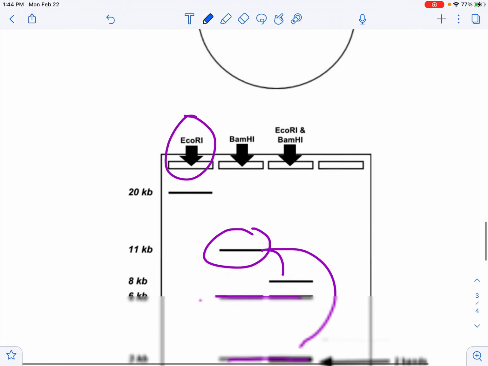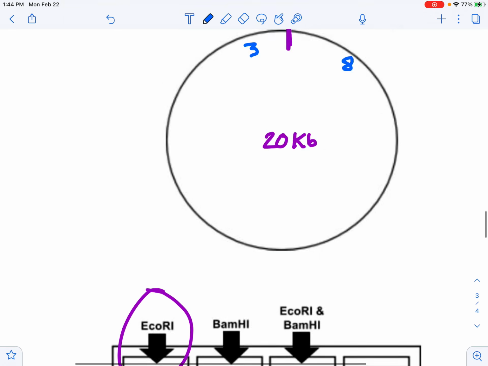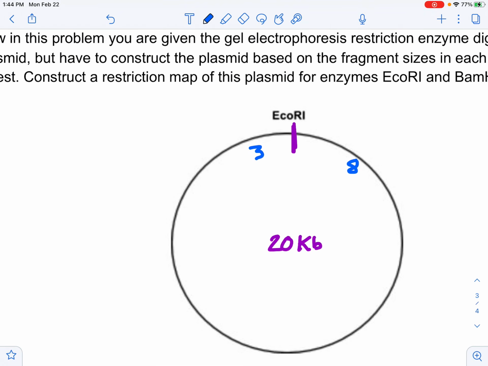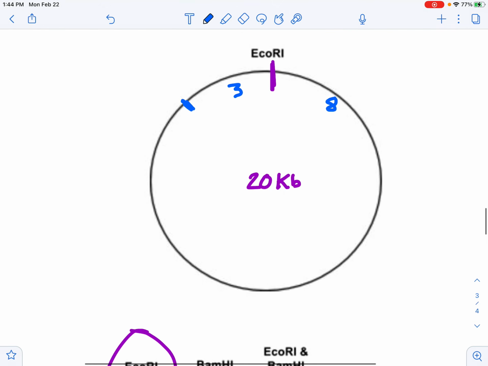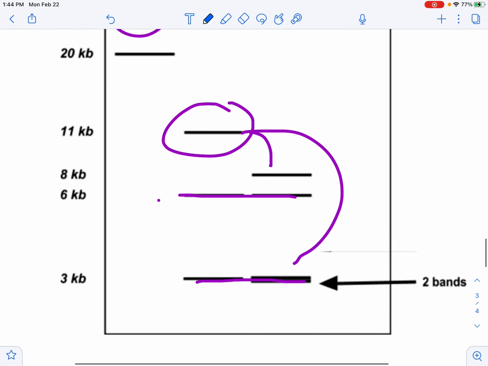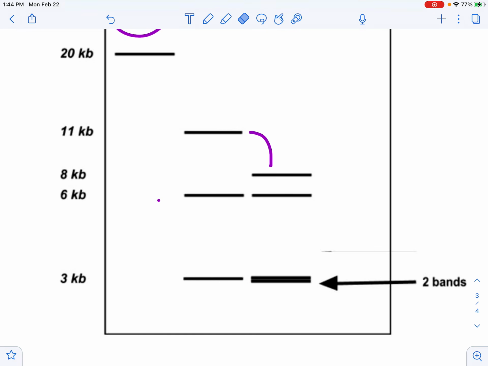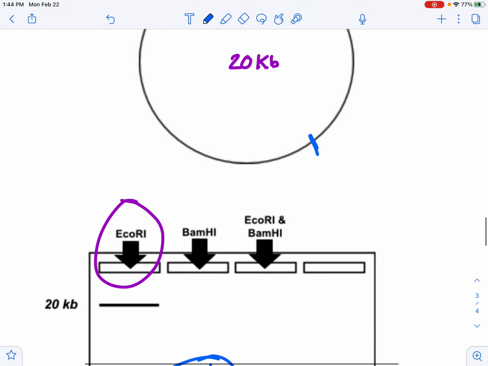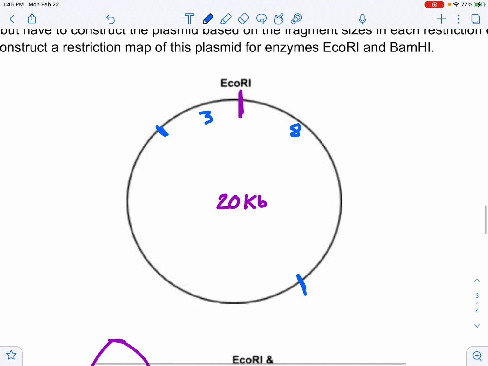All right, so that fragment that the BamH1 would leave is an 11, and 11 is a little more than half of this, so I'll make it look like a little more than half. Okay, so there's two of the BamH1 sites that would leave an 11. And then I have to put a 6 and a 3 in the remaining places, which would be 9.